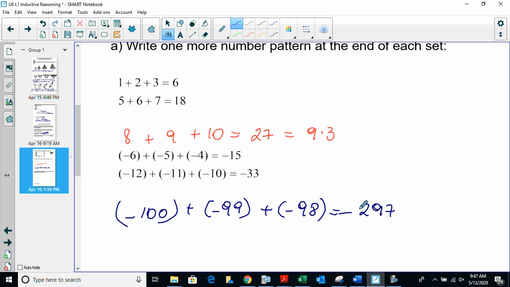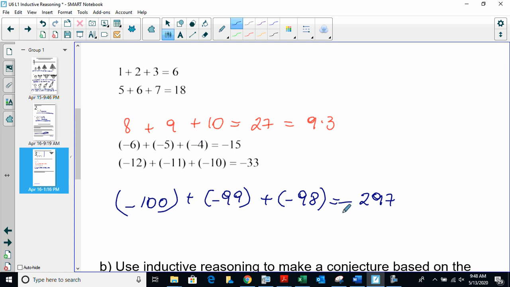And now if we check in your calculator, you will have the result of -297. So after you are checking and proving the reasoning that you are having, the conjecture that you are stating, then you can say that this is the right one.